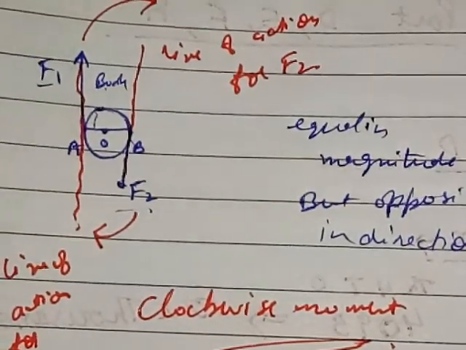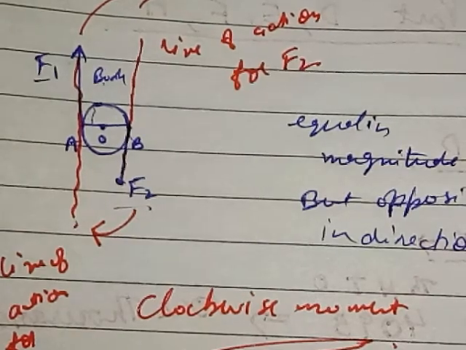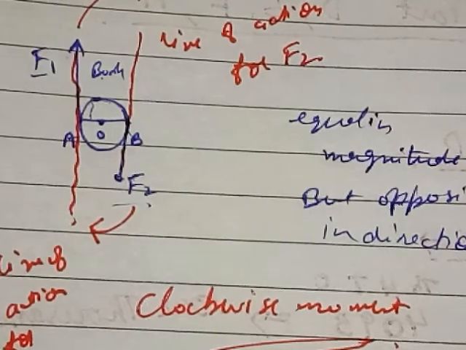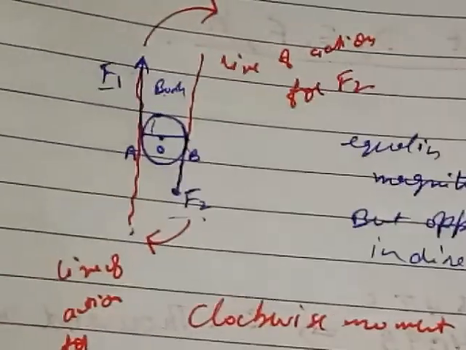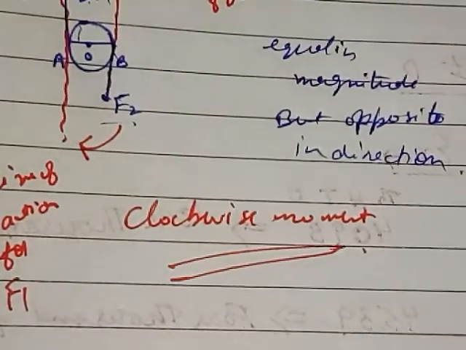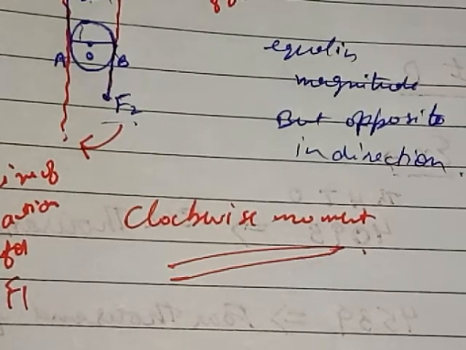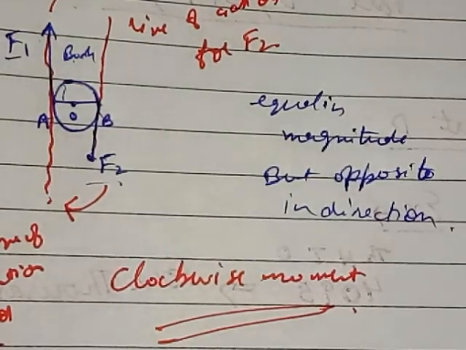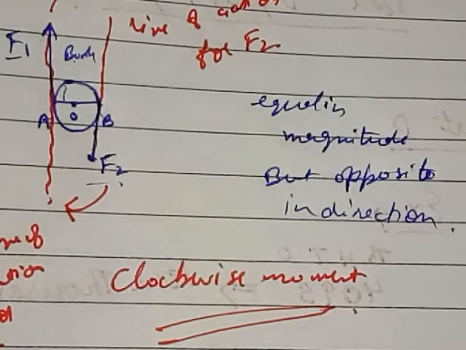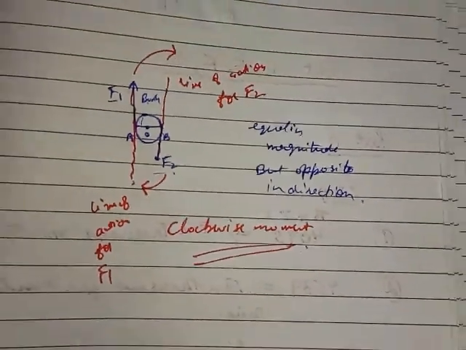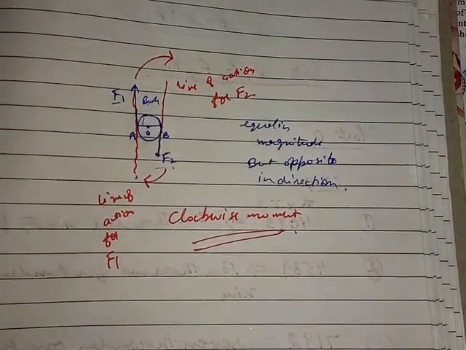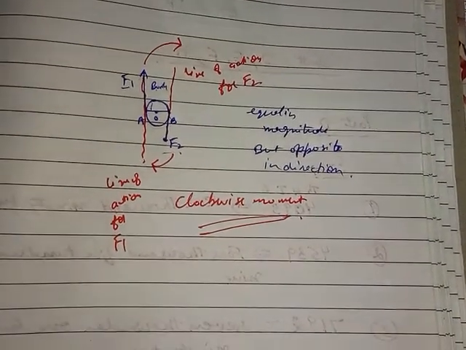It means the pair of these two forces constitutes a couple. So when a body is acted upon by two forces which act along different lines of action, they constitute a couple. So now let's find out the value of this couple.